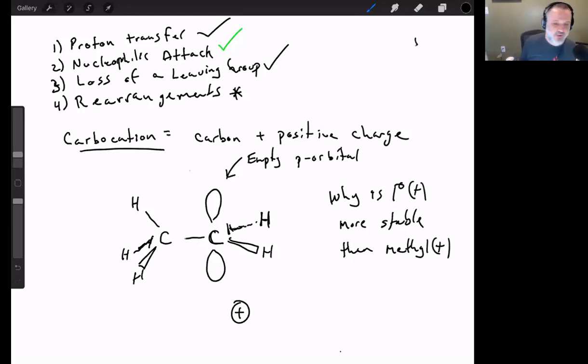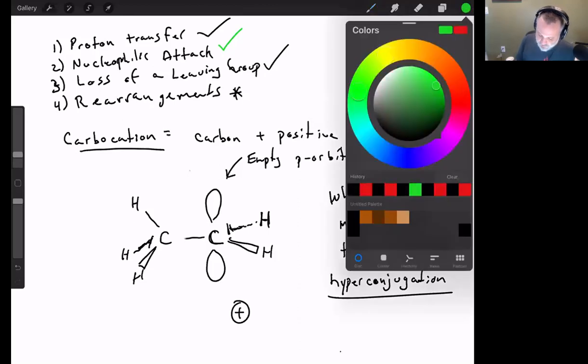Here's the vocabulary word, and this is a vocabulary word that I and almost every other organic chemistry professor will want you to repeat. The reason is hyperconjugation. What is hyperconjugation?